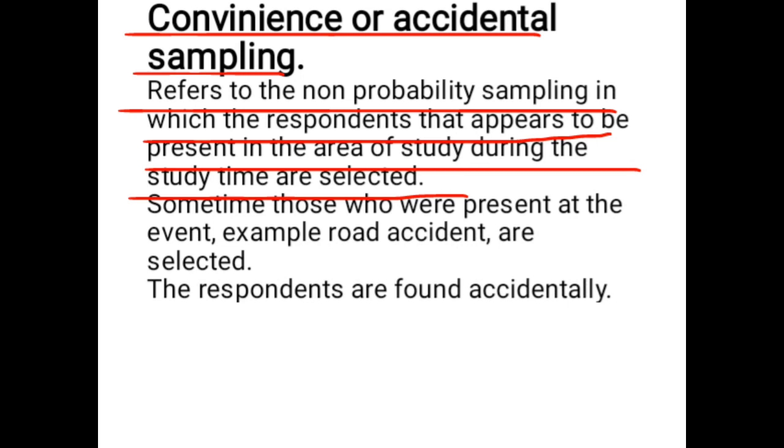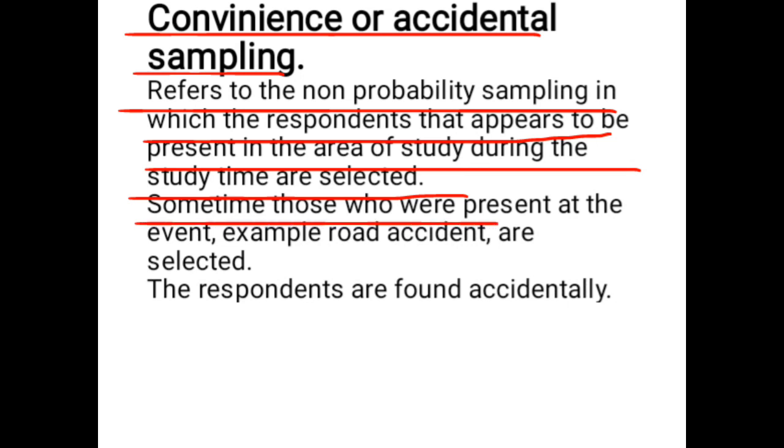For example, a researcher may be studying education issues in a particular school or a particular university. Those students who will be present during the study time at the study university or school will be selected as part of the sample.